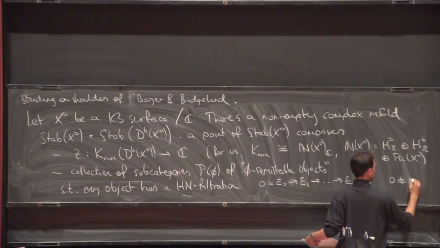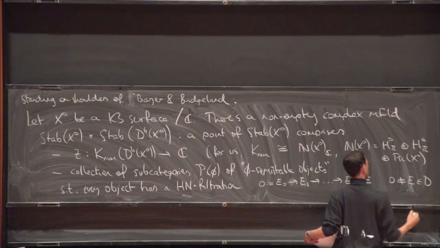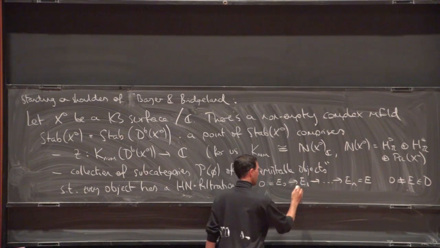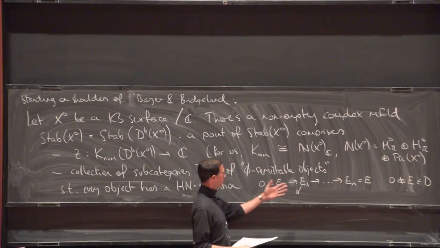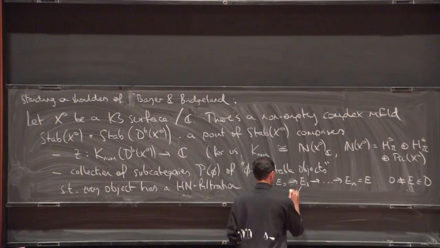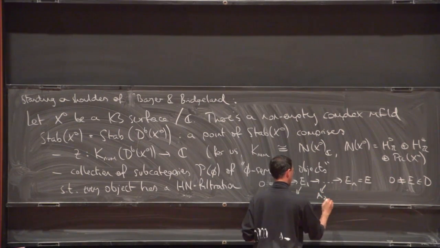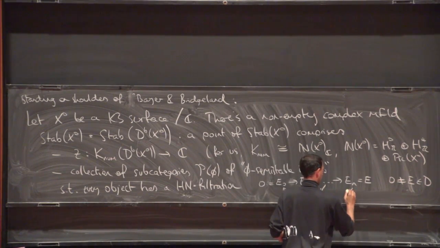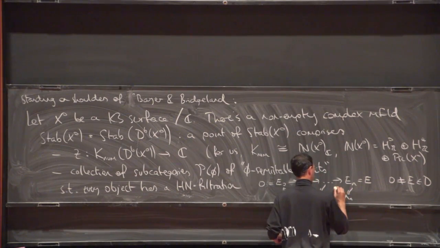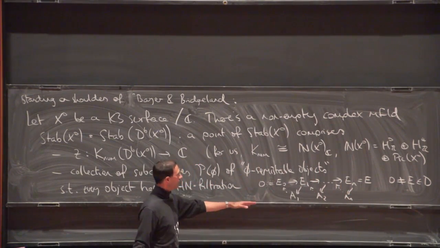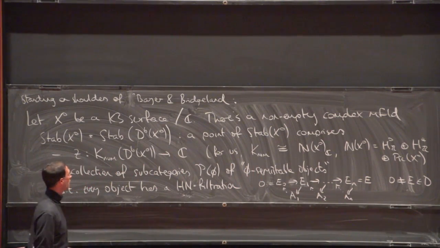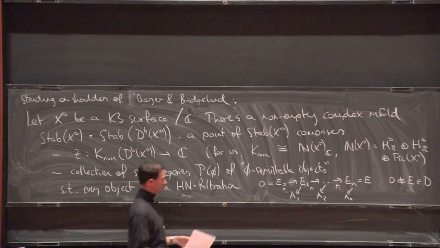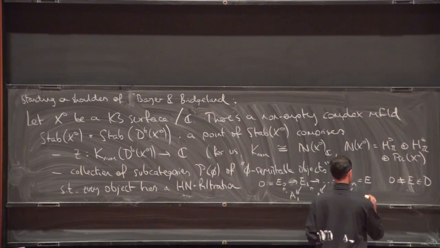So E is some non-zero object in the category, and we get a collection of triangles that decompose E, exact triangles in the category, such that these pieces, the semi-stable factors A_i, are in these categories of semi-stables and of decreasing phase.